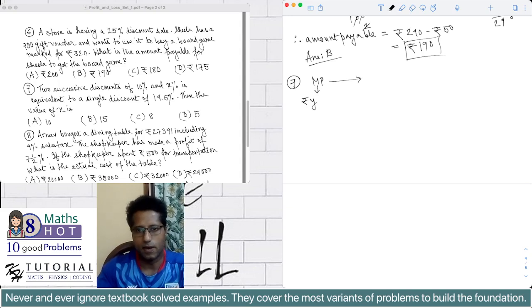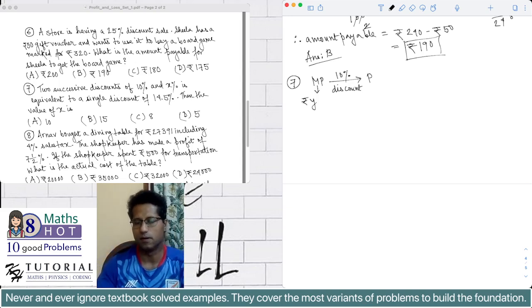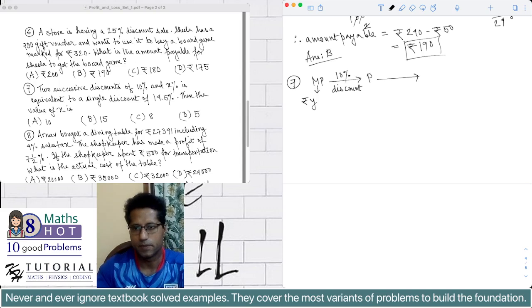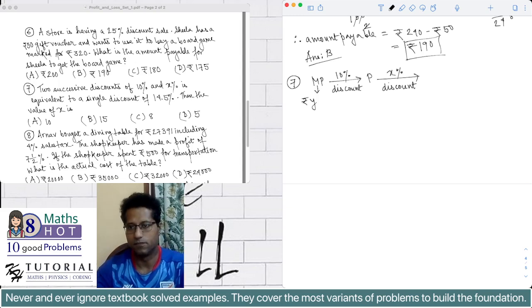First we have a 10% discount. Let the reduced price based on the 10% discount on MP be P, and on P there is another X% discount. Let's say the final selling price is SP.